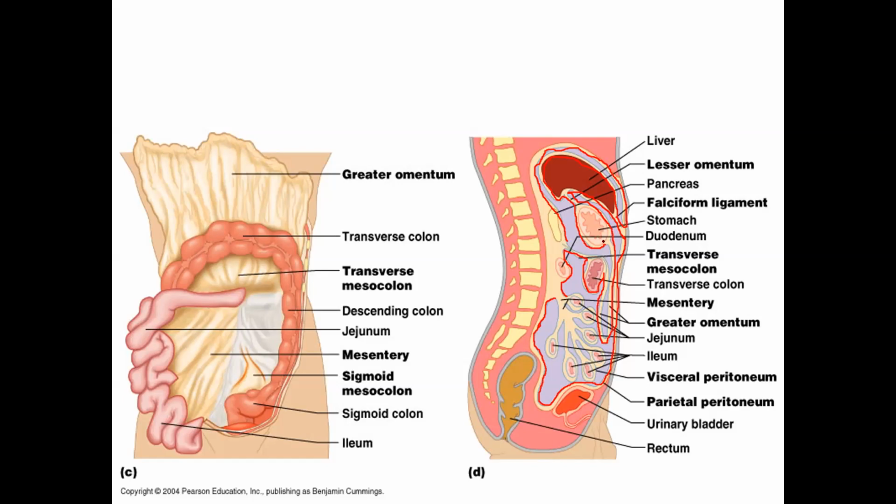And also from this side of the stomach, okay, it travels down and makes a U-turn, comes up, and then covers the transverse colon, and then connects to the posterior wall.